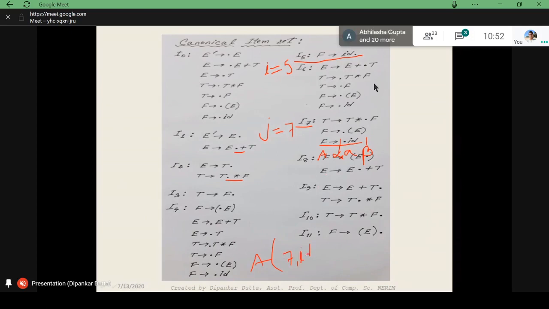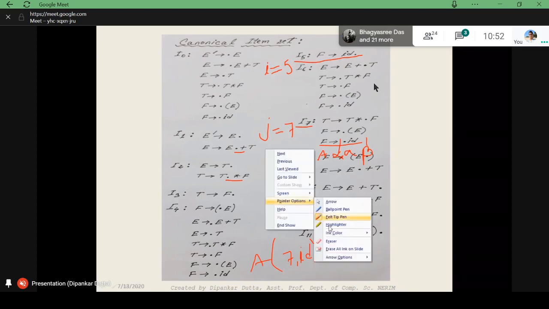ID is the input here. What will be the action? S. Oh, sorry, something is wrong here. I did I and J in reverse.